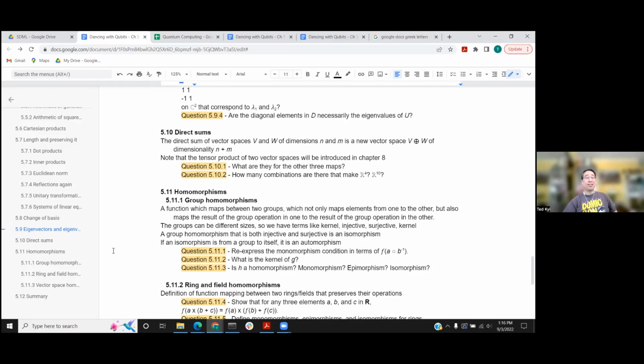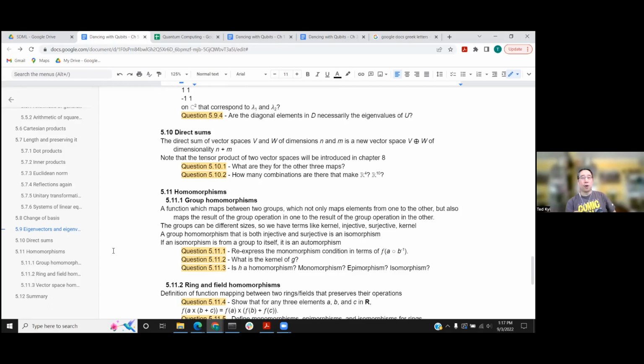And the author mentions that in chapter 8, we're going to see the tensor product. And somebody here, keep me honest, I believe that when you do the tensor product of an n and an m dimensional vector space, you're going to get an n times m dimensional new vector space, as opposed to an n plus m.